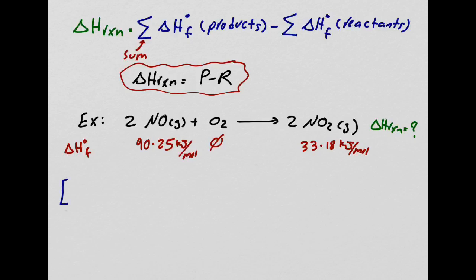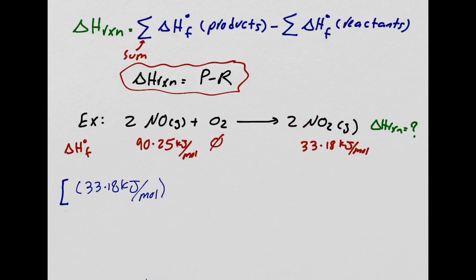Now, let's do this together to see how you would do this. So, my product, I have NO2, which is 33.18 kilojoules per mole. Now remember, it's kilojoules per mole.